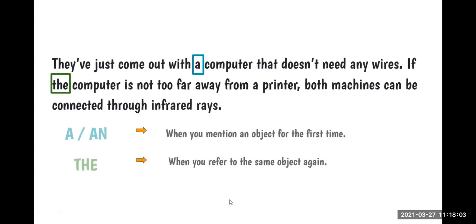I want you to think about a sentence when you use a for the first time and the in the same conversation or in the same sentence, first a and then the second time you mention it, the. So try to think of your example and we are going to listen to them. I'm going to give you some seconds.